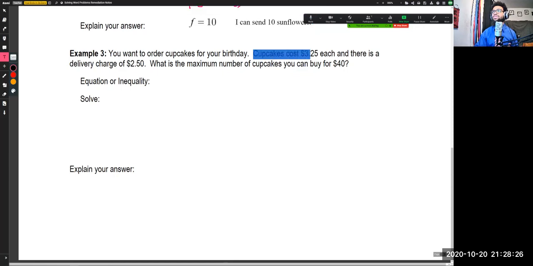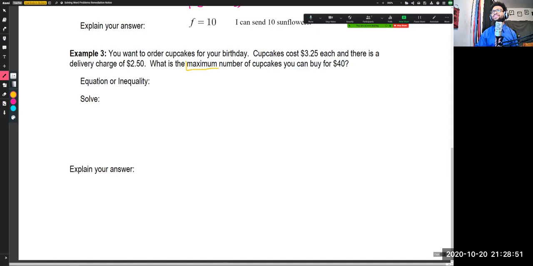The cupcake costs $3.25 each, and there's a delivery charge of $2.50, and then we have $40, a maximum of $40. And now we're going to set it up, all right? This is going to be an inequality because we have this keyword here, and this may be one of the parts that you may get confused about.